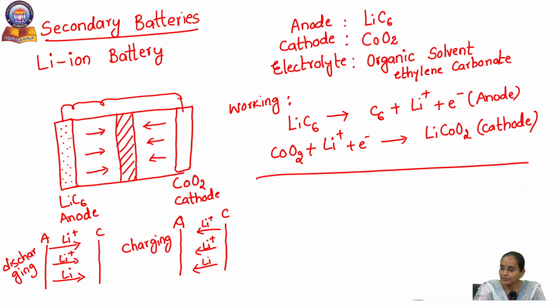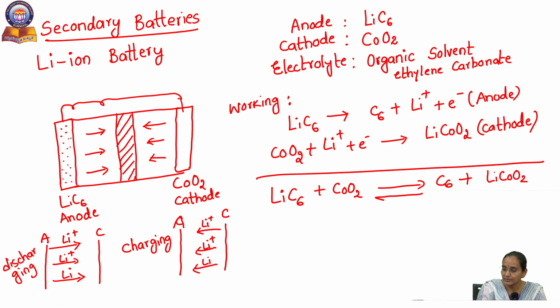Coming to the overall reaction, lithiated graphite rod and cobalt oxide give graphite rod and lithium cobalt oxide. This is a reversible reaction. During discharging, the forward reaction takes place. During charging, the backward reaction takes place.